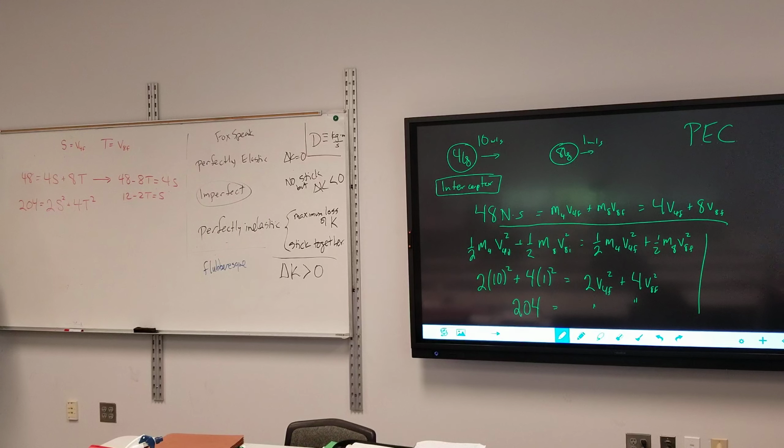Now what? Oh yeah, that's another one. All right, so I'm just going to divide everything by 2. It doesn't usually work as nicely as this, but I can do it this time. So I can just divide by 2 to get 102 is equal to s squared plus 2t squared. Now we plug in, so 102 is equal to 12 minus 2t squared plus 2t squared.